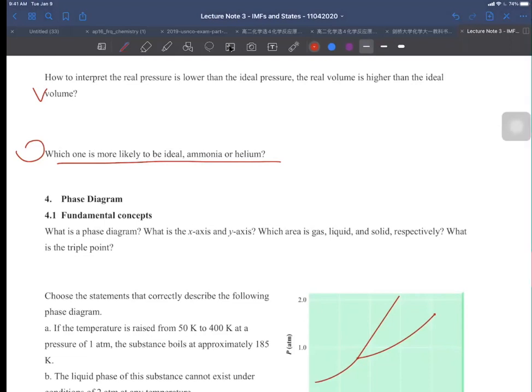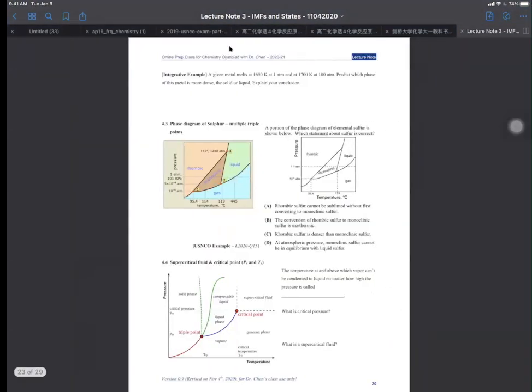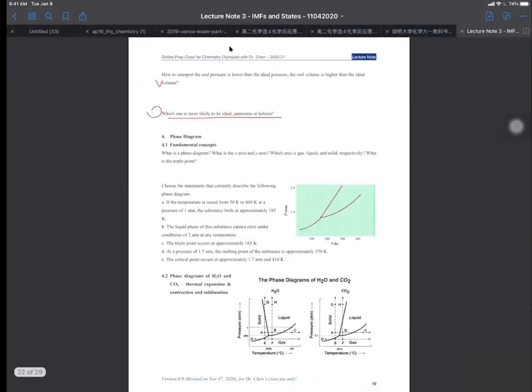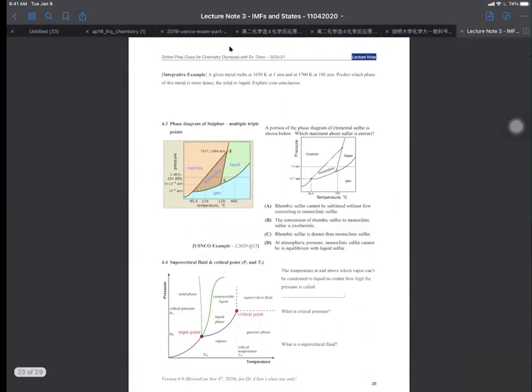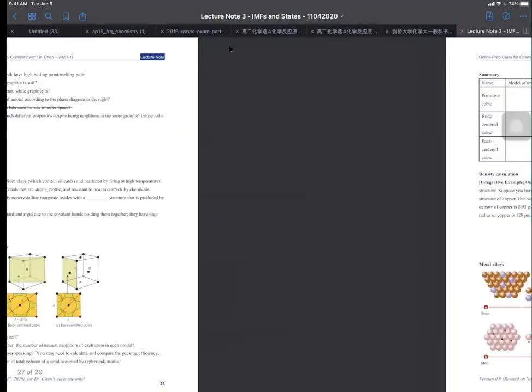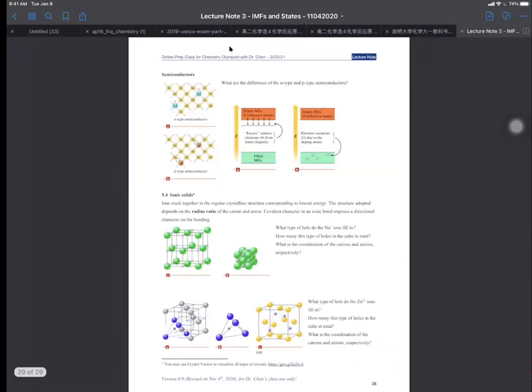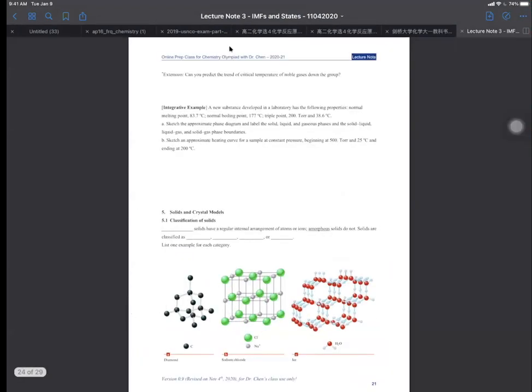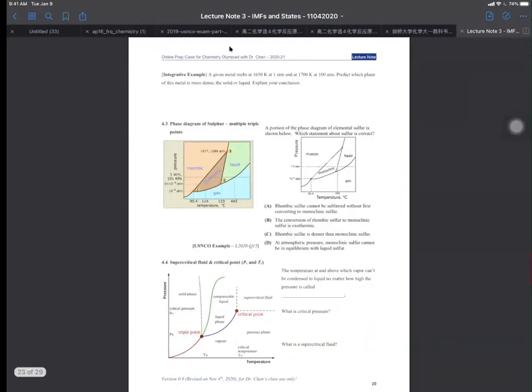Okay, guys. Now it's 10 o'clock. So we will use around 10 more minutes to finish the phase diagram, which means we will leave the last part, the solid, which might need another, I think, 30 to 40 minutes. So let me think about this.